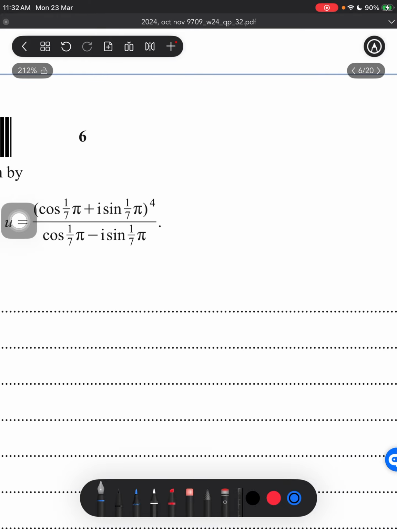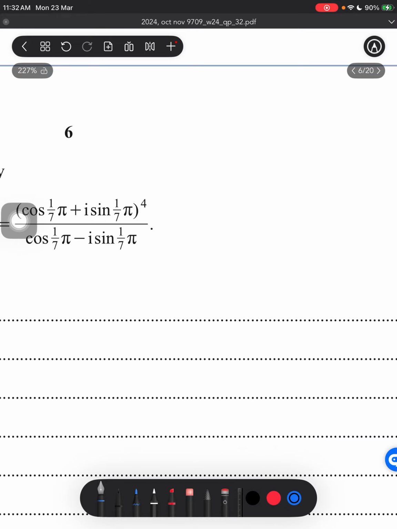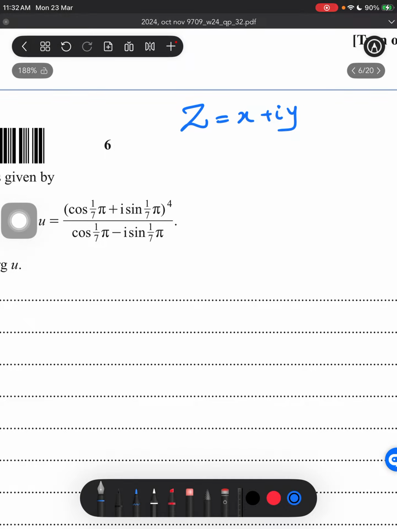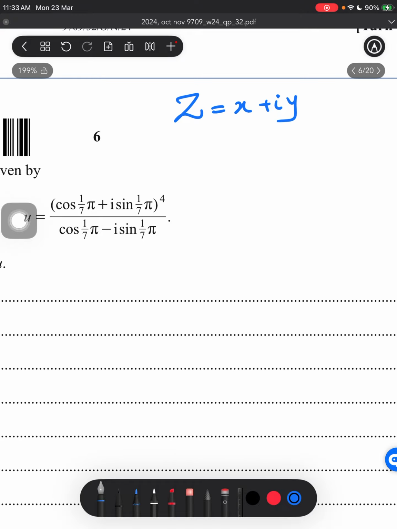First of all, we can illustrate that a complex number is denoted as x plus iota y, with a real part and an imaginary part. This can also be written in terms of z as r of cos theta plus i sine theta.